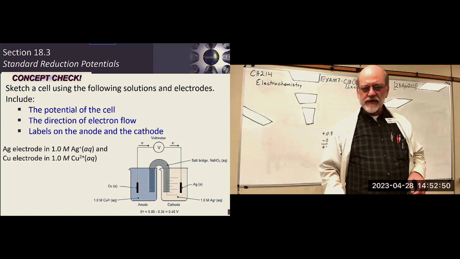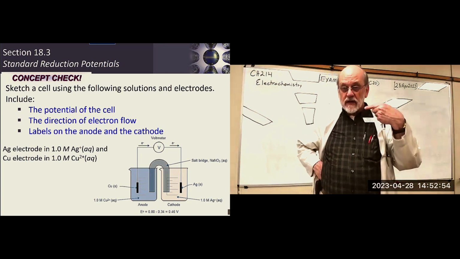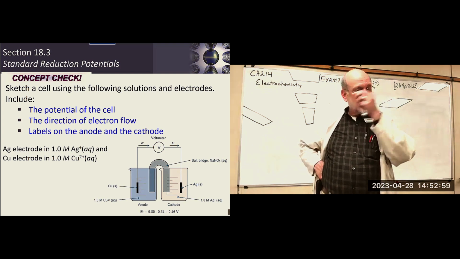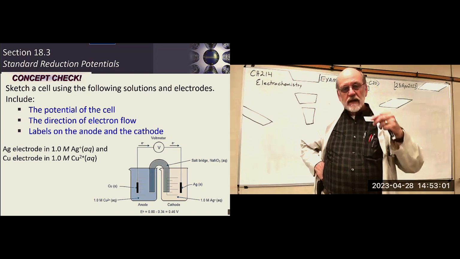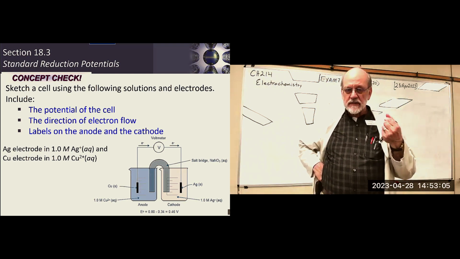If we want to sketch a cell for these two, we need to know what their standard reduction potentials are. For the silver, the reduction potential is, let's see, where is it?